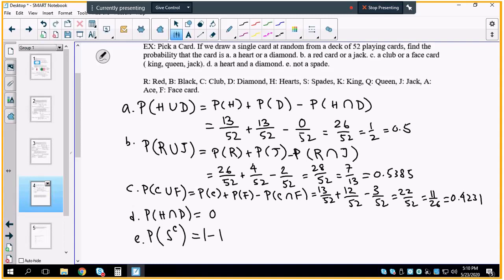This is 1 minus probability of being a spade. So this is 1 minus, there are only 13 spades. So I get 52 minus 13 over 52, and that's 39 over 52. I can simplify that as 3 over 4, which is 0.75, the required probability to this question.